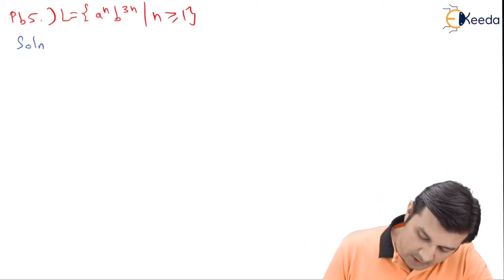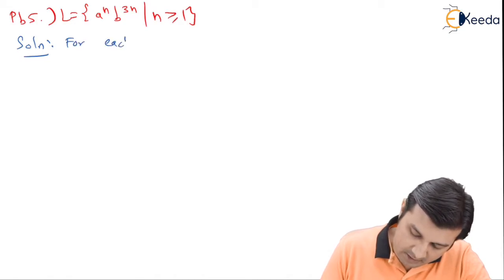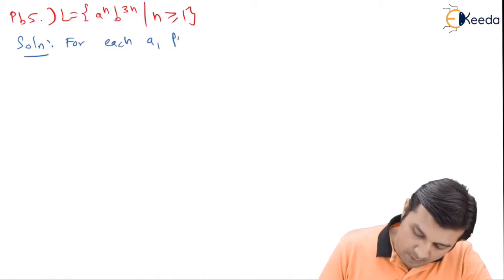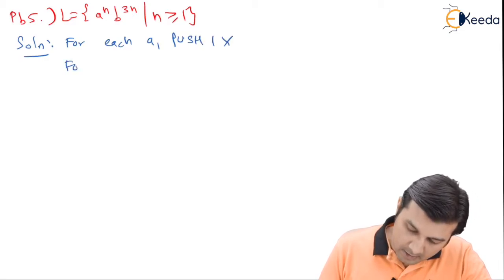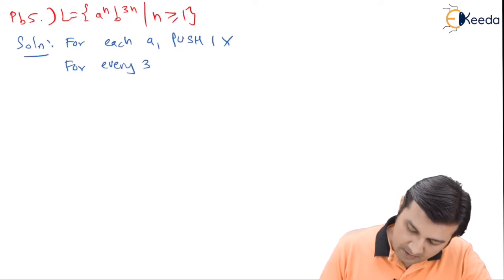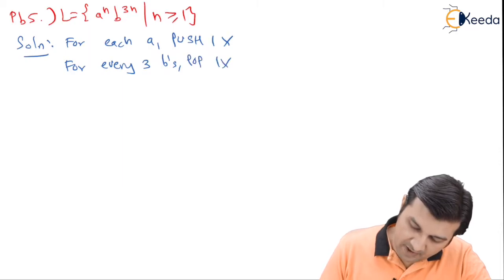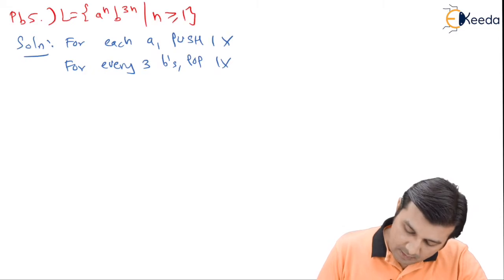So in the solution, for each a, push 1 x on the stack. For every 3 b's, pop 1 x from the stack. So let's see.